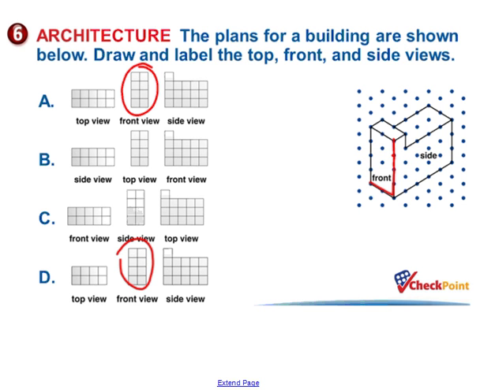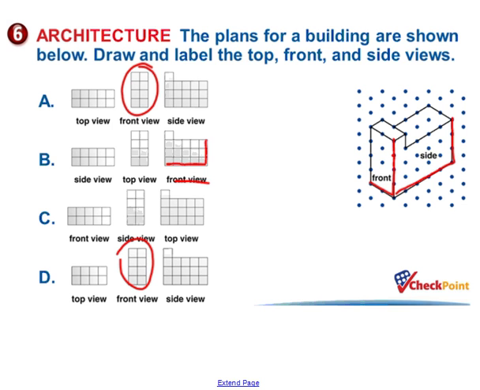Now let's look at a side view. I'm going to have 5 by 3, and then 1 that comes back, 5 by 3.